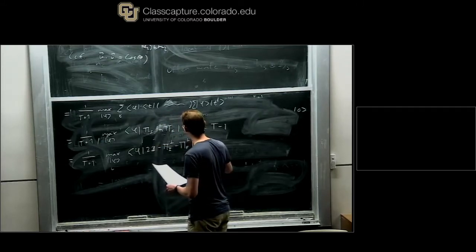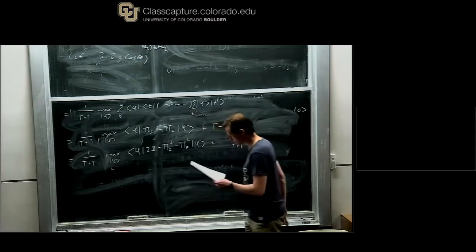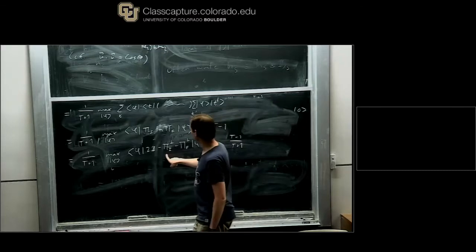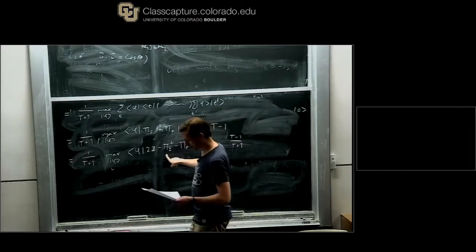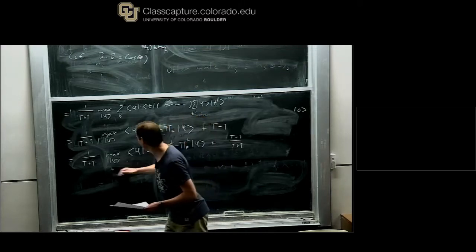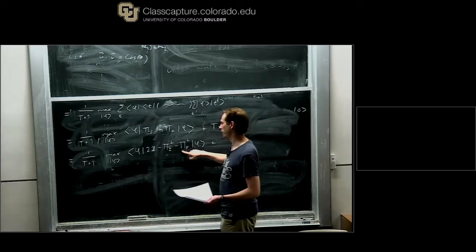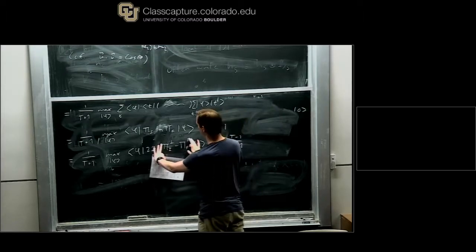So I'm just rewriting. And then I have this t minus 1 over t plus 1 contribution. I'm trying to bound here the maximum eigenvalue of minus pi I plus pi f perp, which is the same thing as trying to bound the minimum eigenvalue of pi I perp plus pi f.